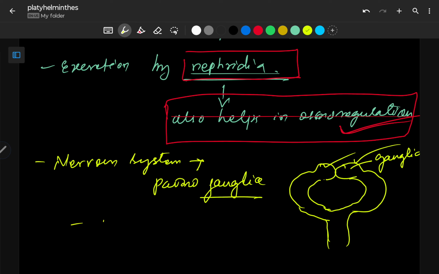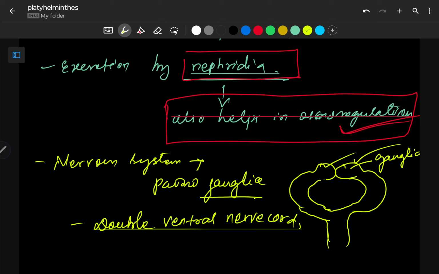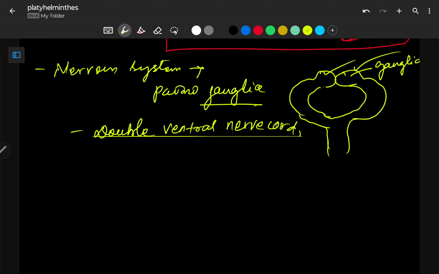Then they have a double ventral nerve cord. So this is the characteristic feature of all invertebrates. Okay, and these ganglia are connected by the lateral knobs.